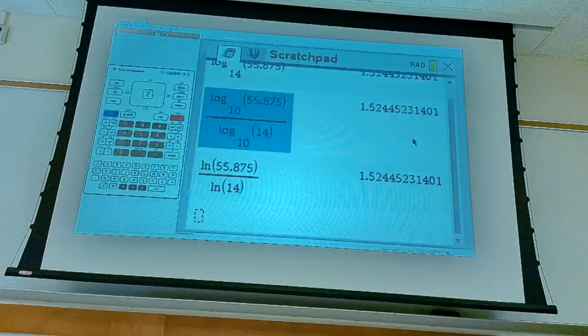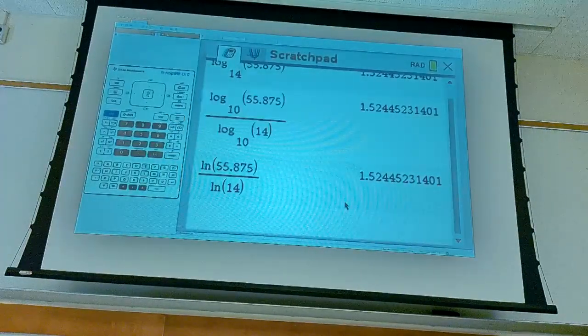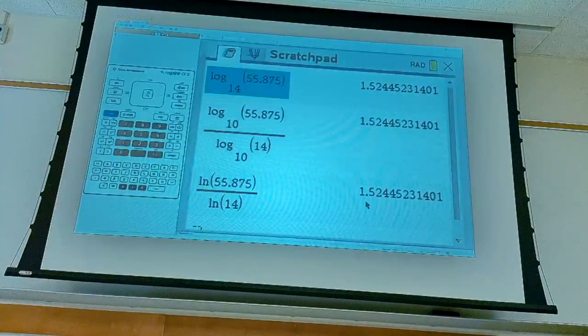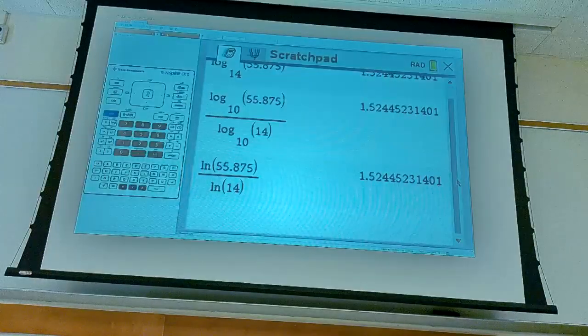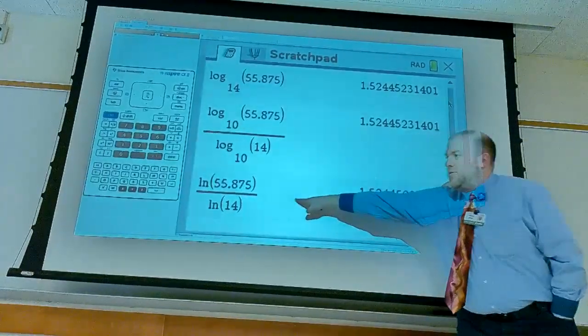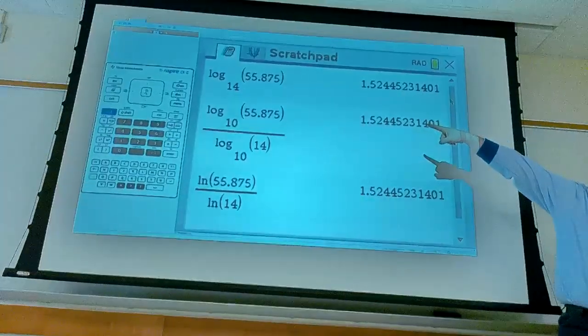I can, yes. Oh, look at that. It's the exact same thing, isn't it? So again, if I'm asking you to evaluate it, if you don't feel like digging through your bases, use the change of base formula. The easiest one to find would be natural log. So that's how you type it in this last one, and it would give you the exact same thing as if you wanted to dig through and find base 14.